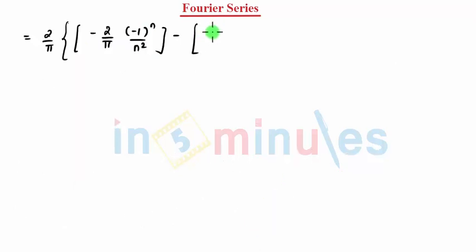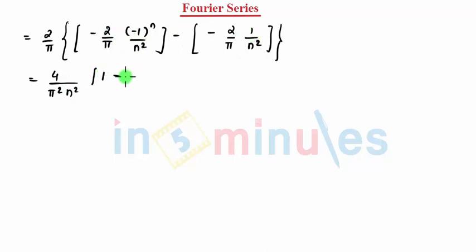So I say here minus 2/pi times 1/n squared, which finally I get as nothing but, we can take 2/pi common, which becomes 4/pi squared, and here I can also take n squared common, then this is nothing but 1 plus, and here (minus 1) raised to n. So this I got as my an.